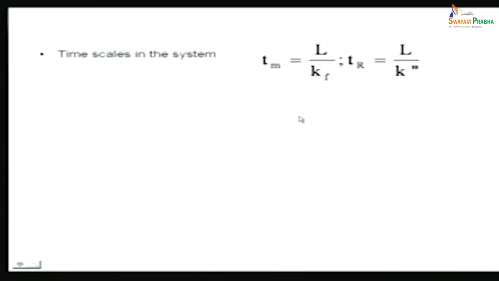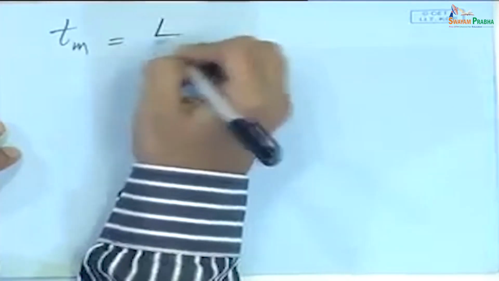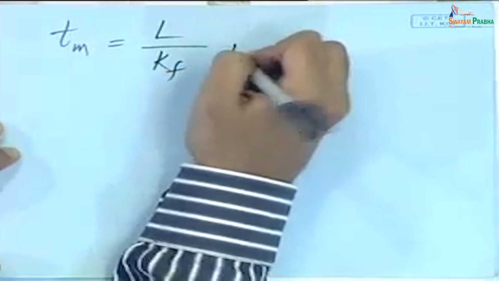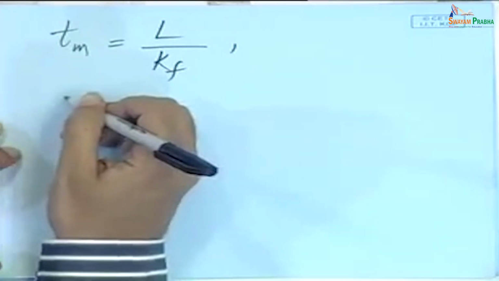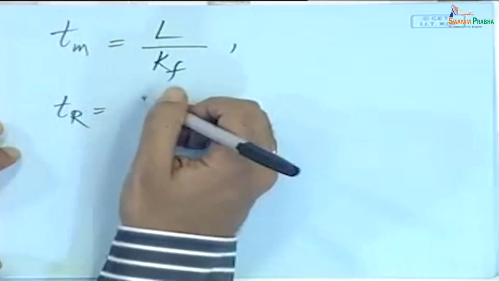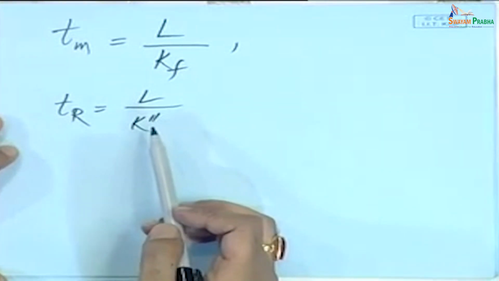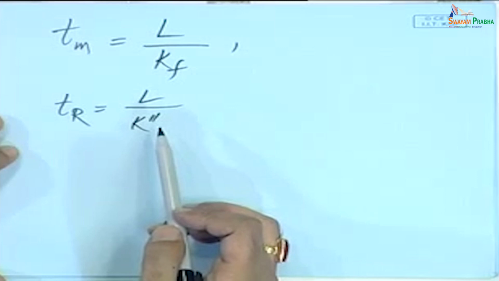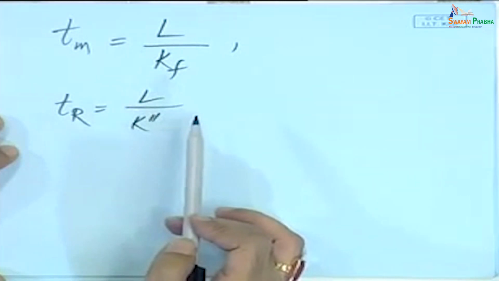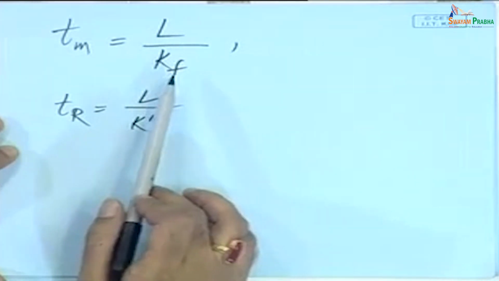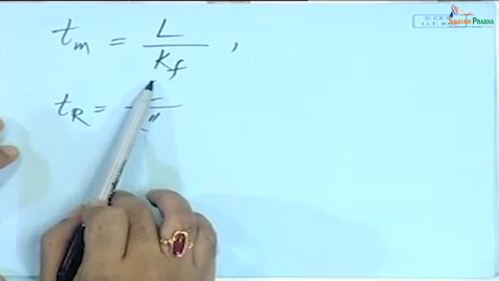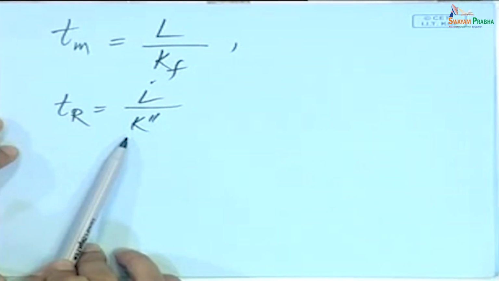So, here what we do is, the mass transfer resistance is L over Kf, and the reaction resistance is L over K double prime. Why is that? Why is the L coming in here? Because it is a surface rate. Okay. So, just to take that into account, and if you remember, my mass transfer coefficient and K double prime, they have the same units, right.